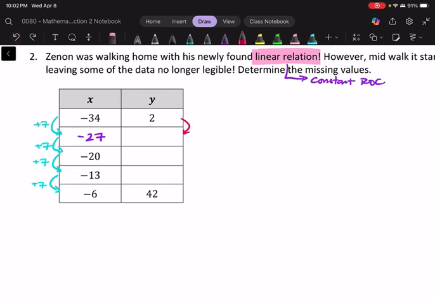Oops, I should say that we are adding this X. And then we're going to add this X again. And then we're going to add this X again. And then we're going to add this X again. And then boom, we've gone from 2 to 42.